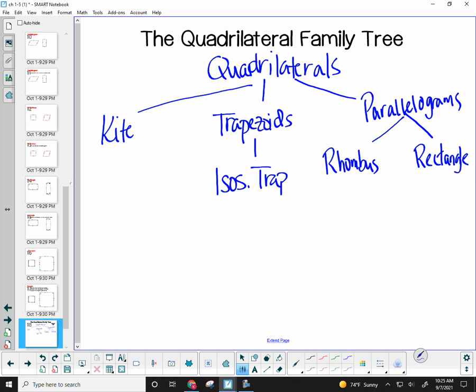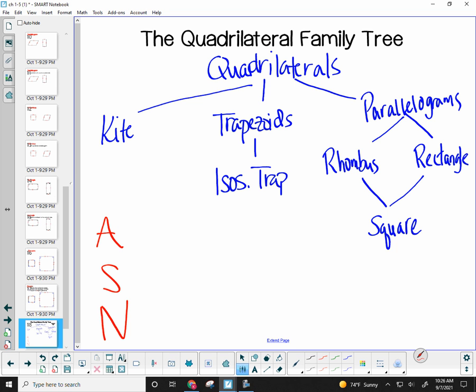And if we marry together the four congruent sides of the rhombus and the four congruent angles of the rectangle, it would make a square. Okay, so this is kind of a big picture of how they're all interrelated. And if you can understand this flow chart, it makes always, sometimes, never questions pretty easy to answer.